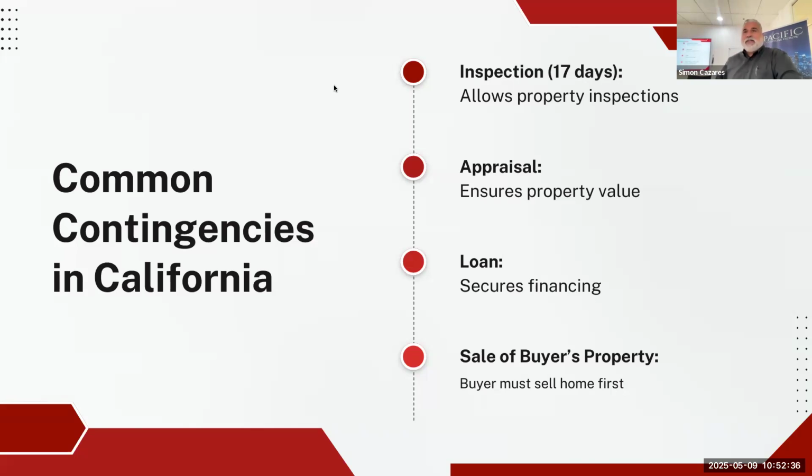If they don't do any of the above, then the offer becomes an expired offer, and the only way to revive it is if the seller decides on a counteroffer, or the buyer would have to submit a new offer.